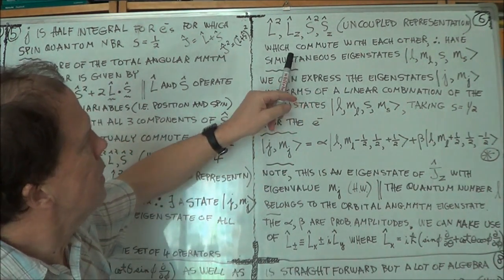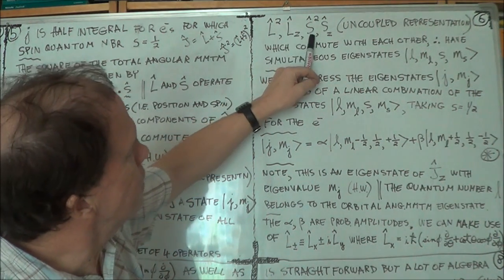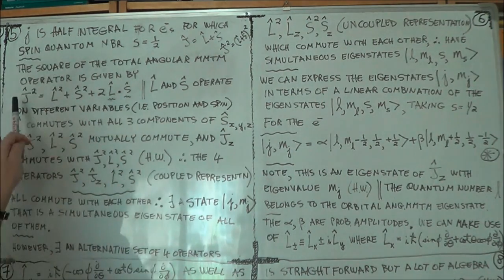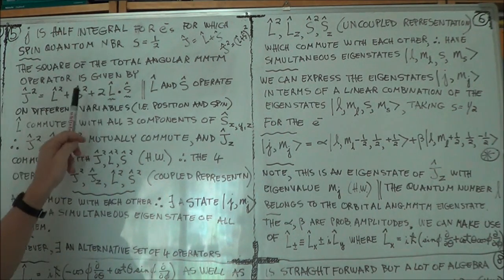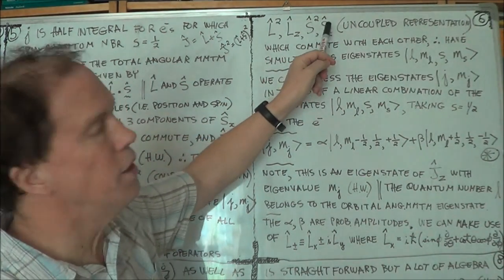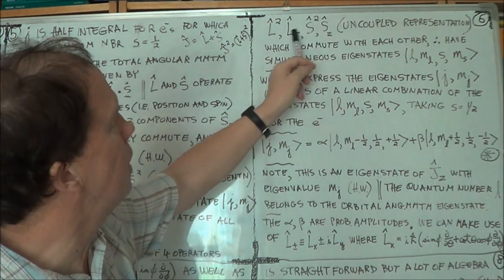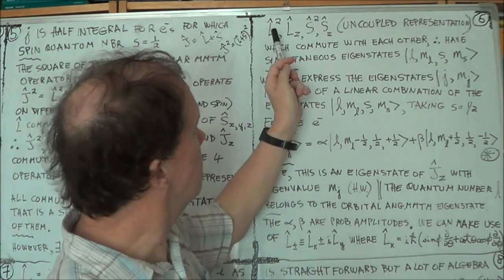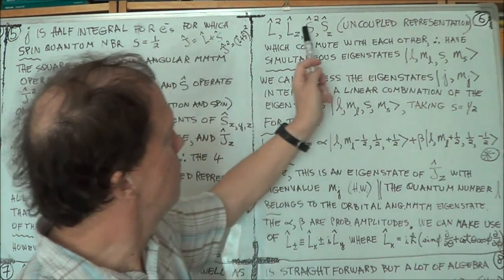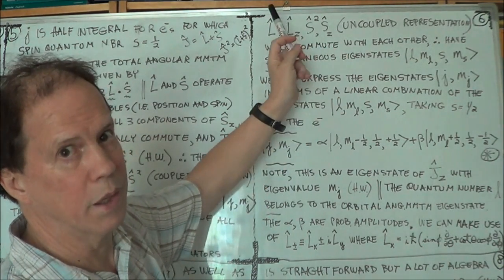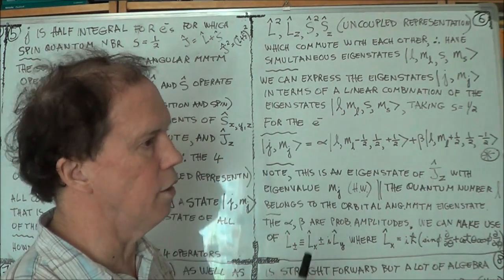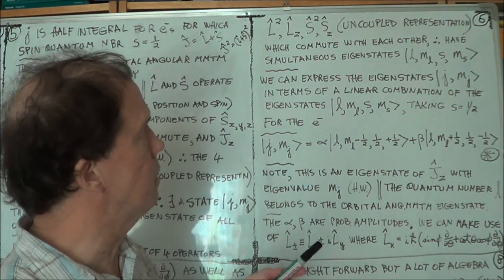Okay, so in other words, the L's here and the S's here, they don't depend on each other. There's no formula equivalent to this kind of thing, which couples the J's with the L and the S's. So here they're sort of independent, right? Uncoupled in that sense. In the sense there's nothing like this, right? So this representation in this context, meaning a set of mutually commuting operators on your composite system.